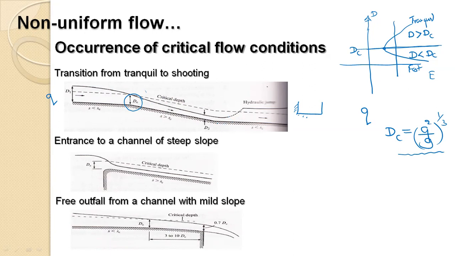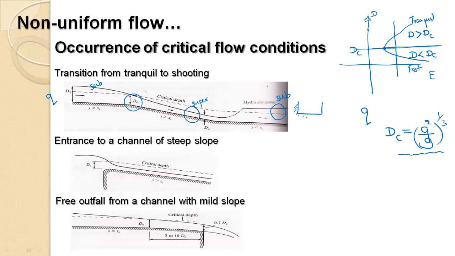And at the same time, if you have a channel again becoming a mild section, then here you will have supercritical condition, and then again you might have subcritical. So this is subcritical because the water depths are high, and then here you have supercritical flow, and here also this is a subcritical flow. So there can be different flow regimes, whether it is going to be subcritical or supercritical.